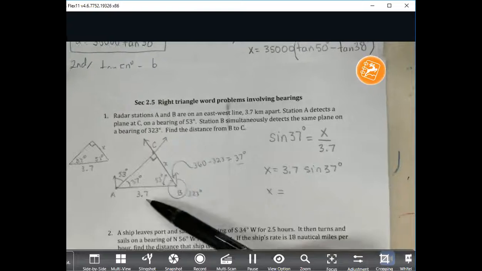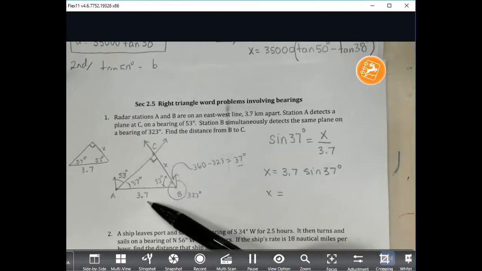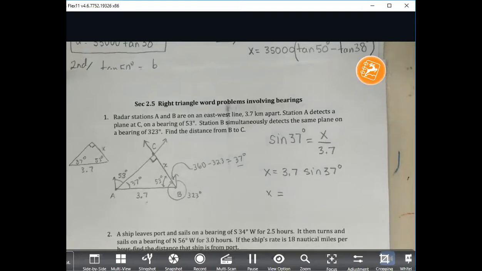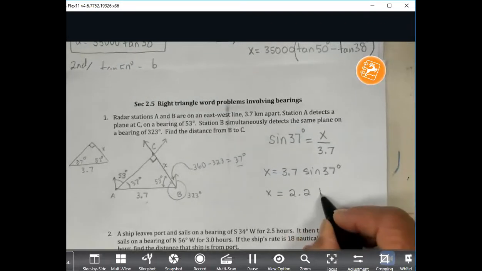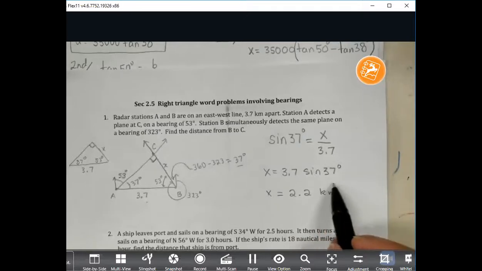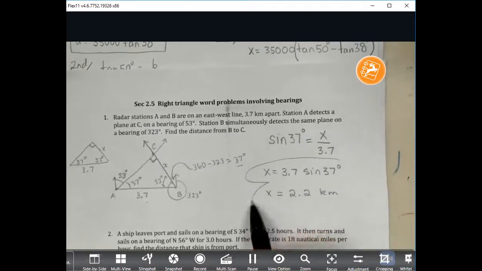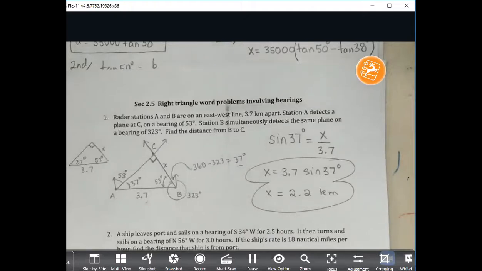Since this was given to 1 decimal place accuracy, that's the number of significant digits of your answer. So my answer I'm going to put as 2.2 kilometers. Anybody playing along with their calculator and agreeing with those numbers? Yes. On the test, you stop right there.